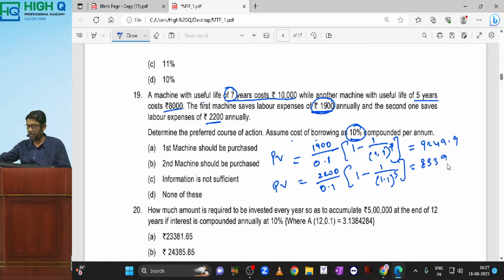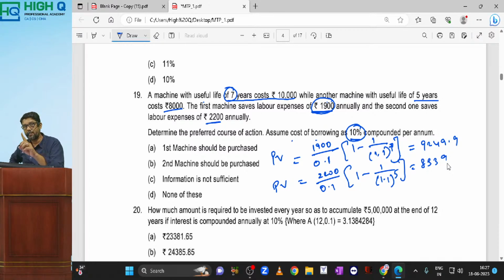Listen here. For example, a machine costs 10,000 rupees, but it is saving labor cost of only 9,249.